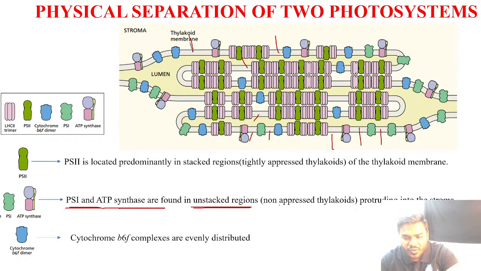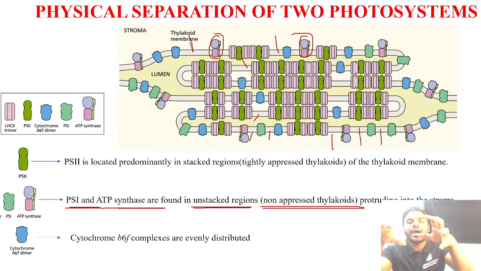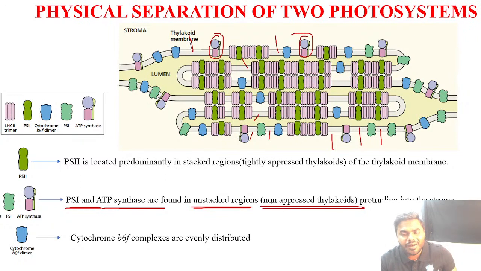Or, friends, we will call it the non-appressed thylakoids. The PS1 and ATP synthase enzyme are arranged in an area where there are no tight thylakoids. Non-appressed thylakoids are unstacked regions, meaning they are freely arranged.